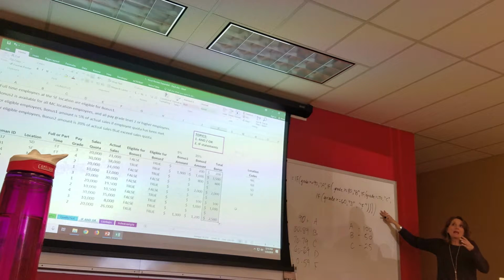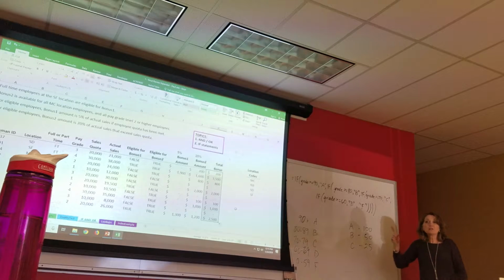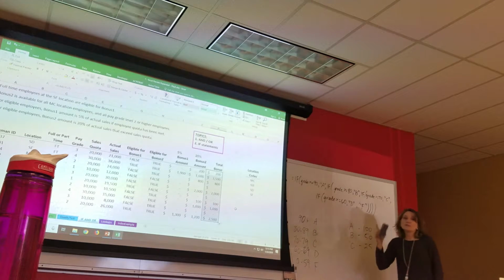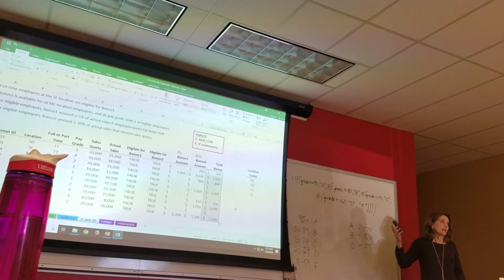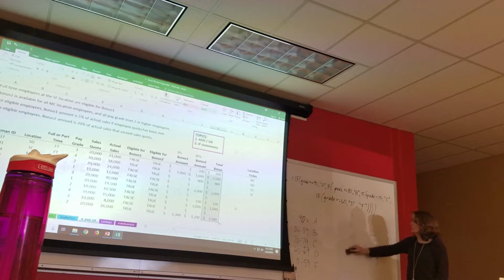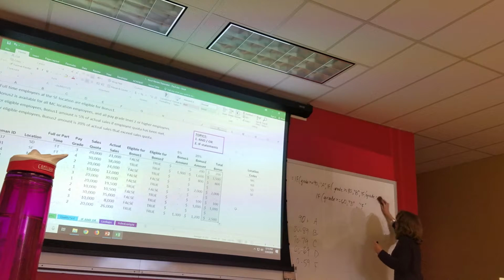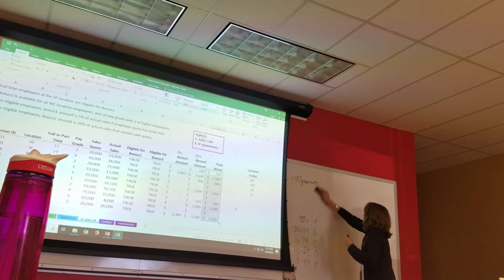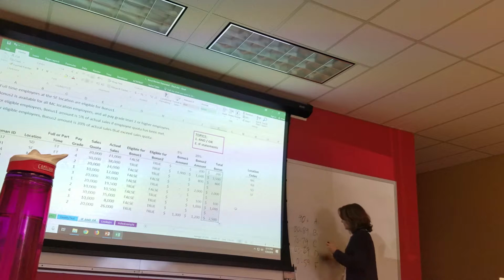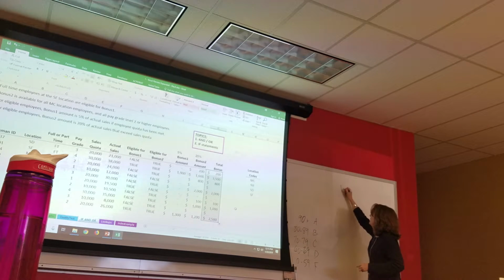I don't actually suggest that you nest if statements more than a couple, maybe 3, because if you needed to do that much of something, this isn't the way you should do it. You really shouldn't be using if statements. Do I think you need to know if statements? Absolutely. Would you nest them? Yeah, a couple of them, maybe 3. But that's about the extent of what I would do, because instead, I would use a function called VLOOKUP.